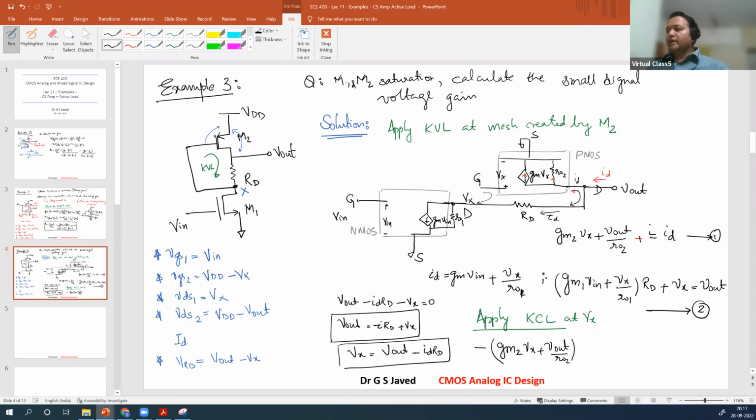Whole thing negative because the current is going in the opposite direction. So that will be negative, equal to what are the currents that are getting here? These two are the currents that are flowing: gm1 V in plus Vx by RO1.